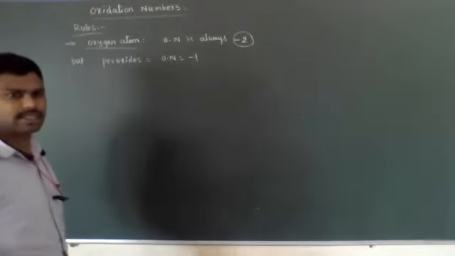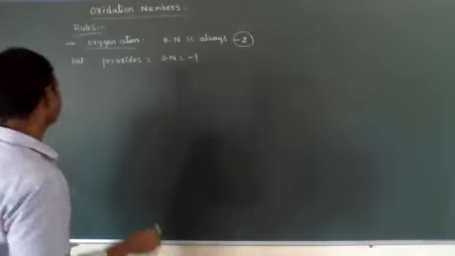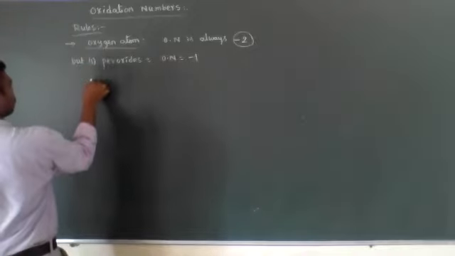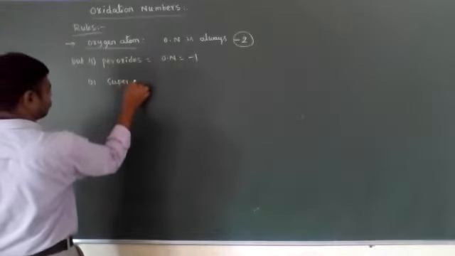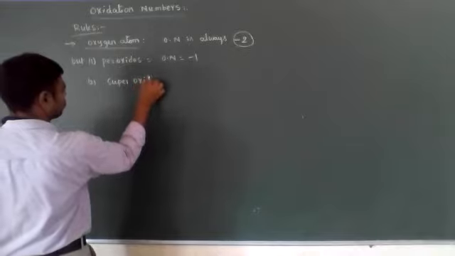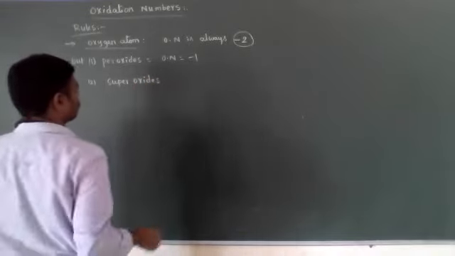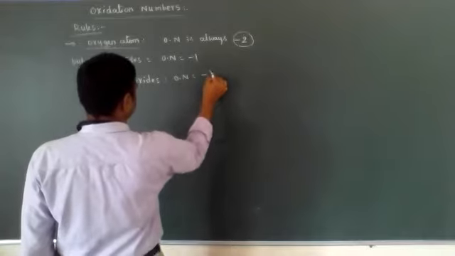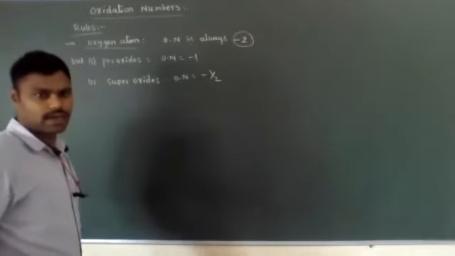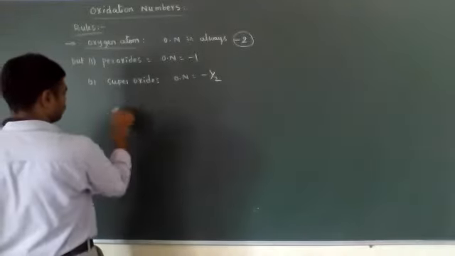Examples we already discussed yesterday. Next, superoxides. In superoxides, the oxidation number is equal to -1/2. What are the superoxides? Let's see.